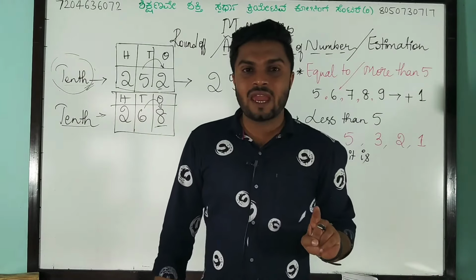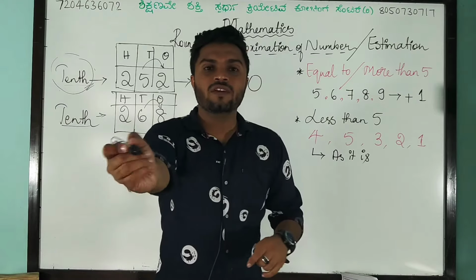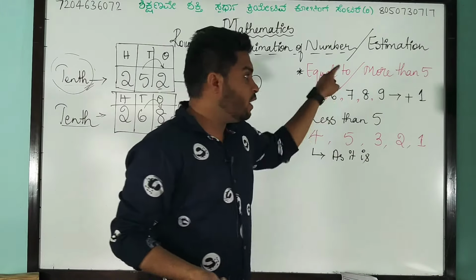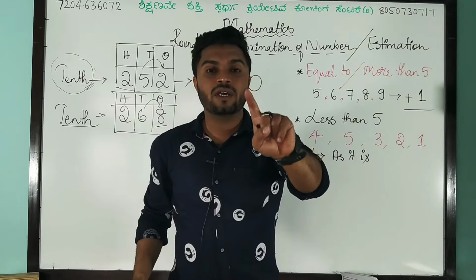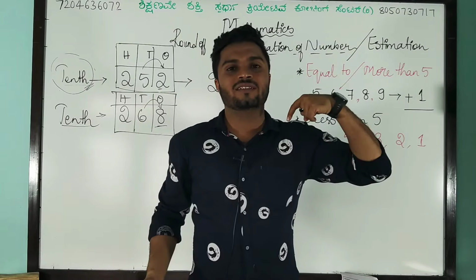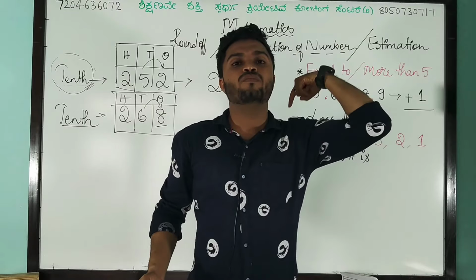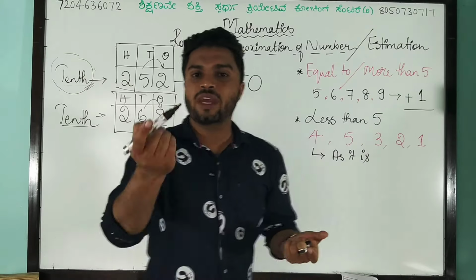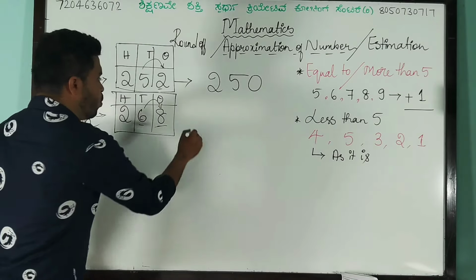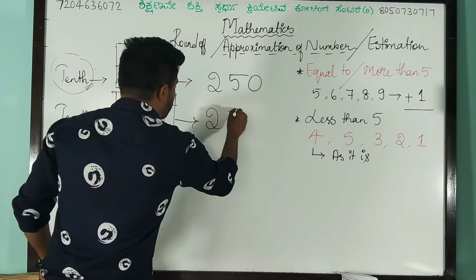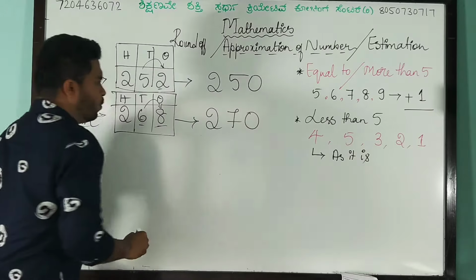If it is 8, is it more than 5 or equal to 5? It is more than 5. If it is more than 5, the number increases. The number becomes more. Simple. Where does it become more? Here in the 10th place. So this becomes 270.